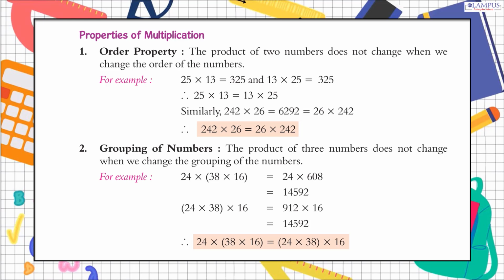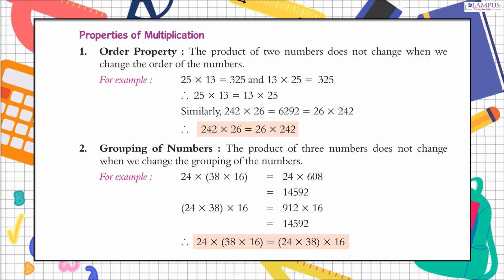Therefore, 25 times 13 equals 13 times 25. Similarly, 242 times 26 equals 6292 equals 26 times 242. Therefore, 242 times 26 equals 26 times 242.